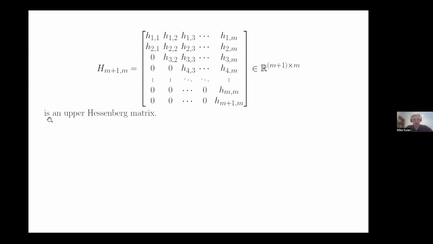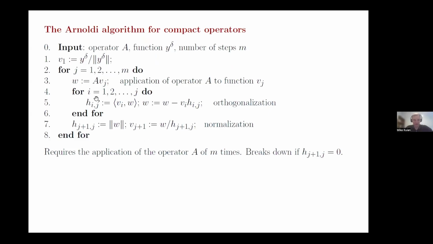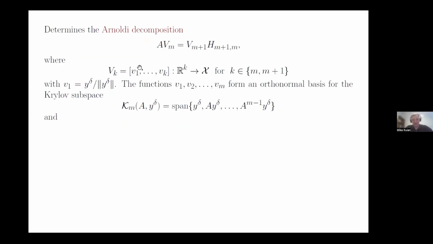So it's called an upper Hessenberg matrix. These coefficients of the Hessenberg matrix are computed from the Arnoldi algorithm. So we get this orthogonal basis of the Krylov subspace and the coefficients. So we have this Arnoldi decomposition.